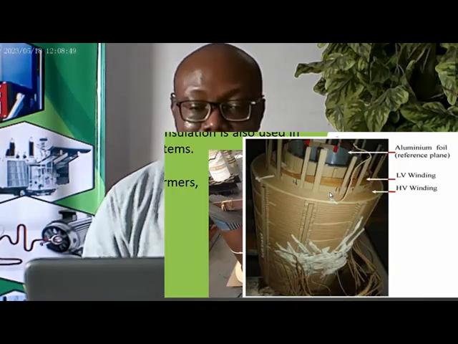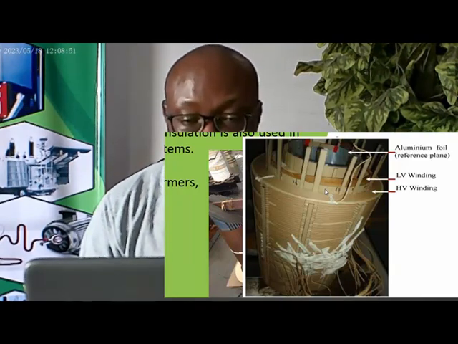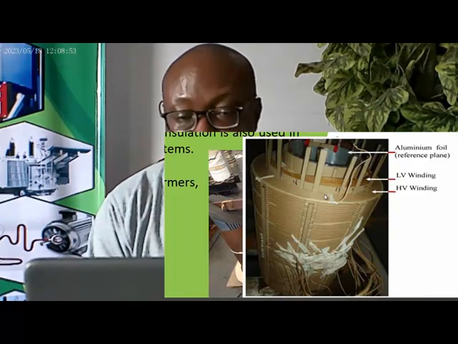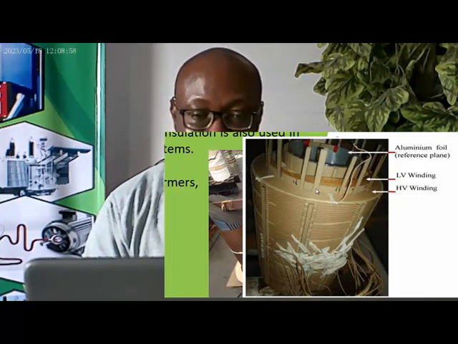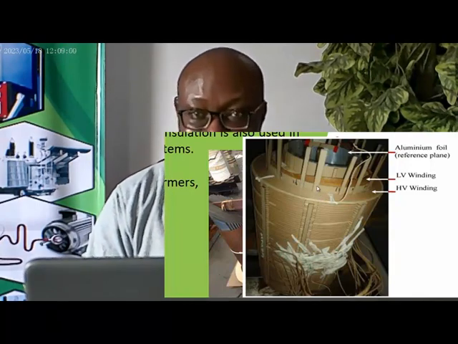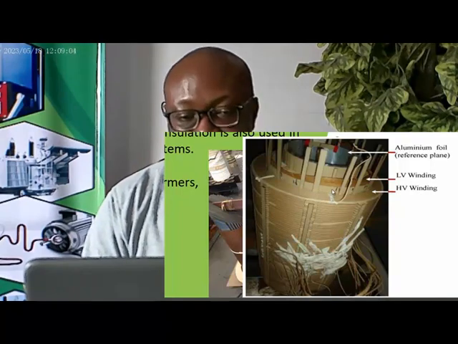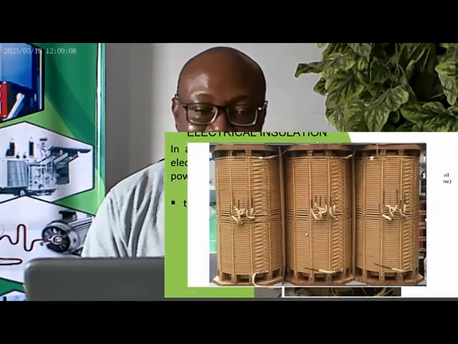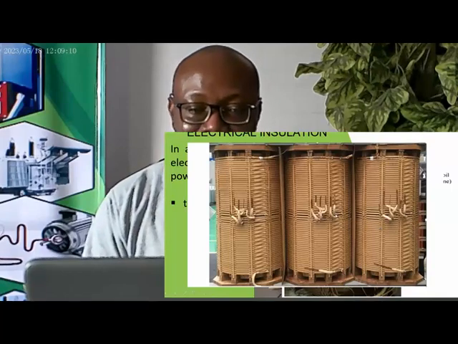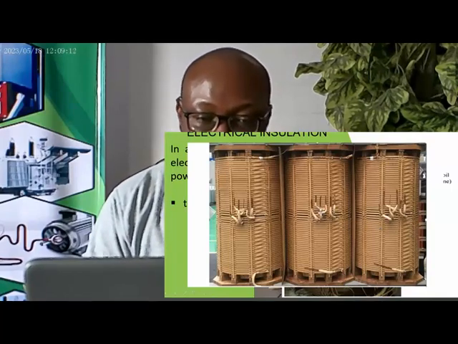That is what you are testing when you carry out an insulation resistance test, or even your power factor test. You are testing the integrity of the oil and all of these insulating materials. Okay, so this is the wound transformer windings finally.